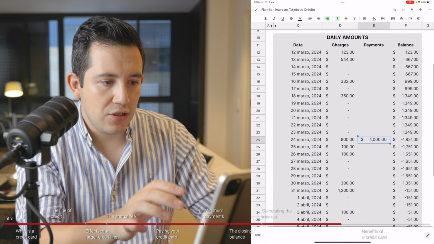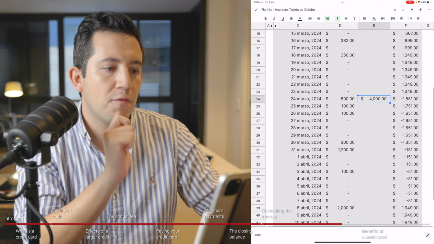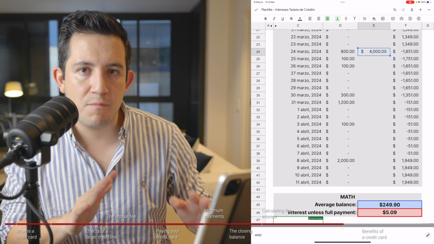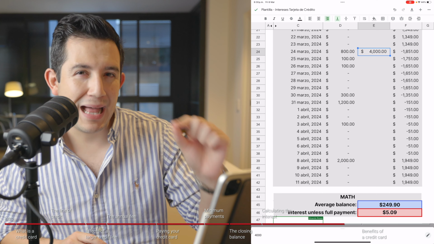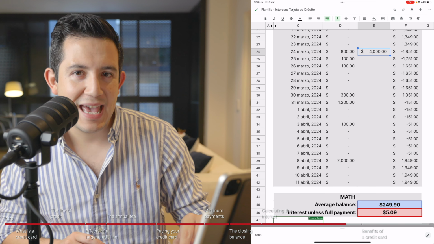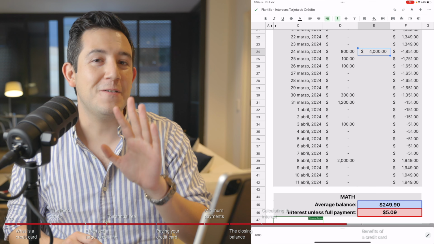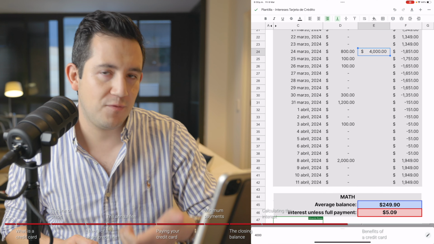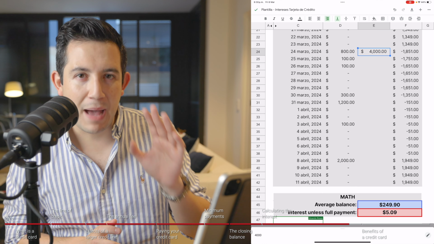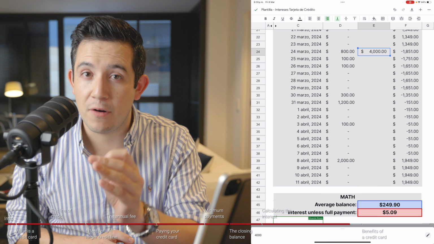I didn't change the charges, the amount of payments that you made with your credit card. You spent the exact same amount of money, but your balance was different. Your average balance is much less, and so the interest is only $5 compared to the $55 that it was before. As you can see, this average balance is very important.